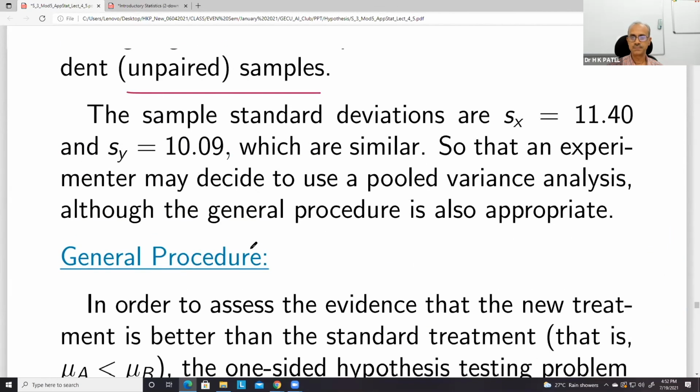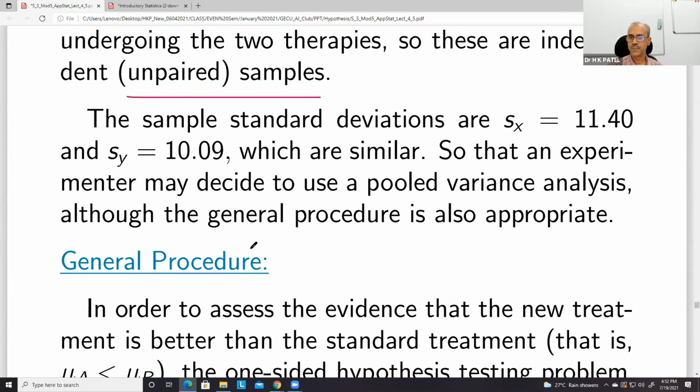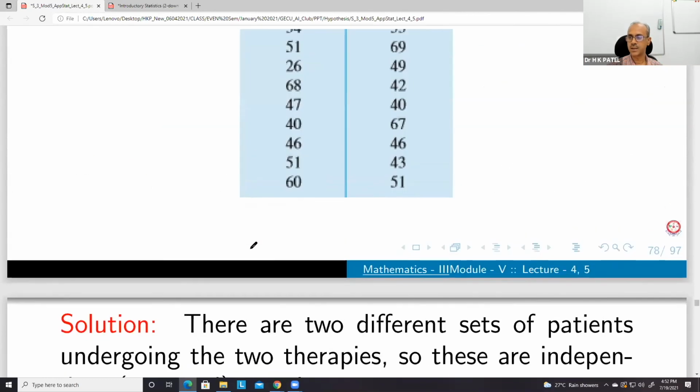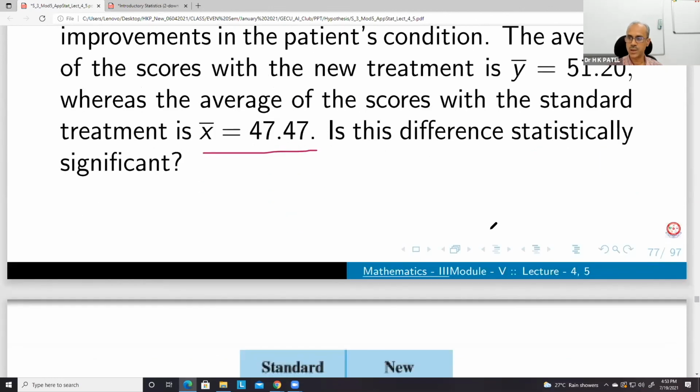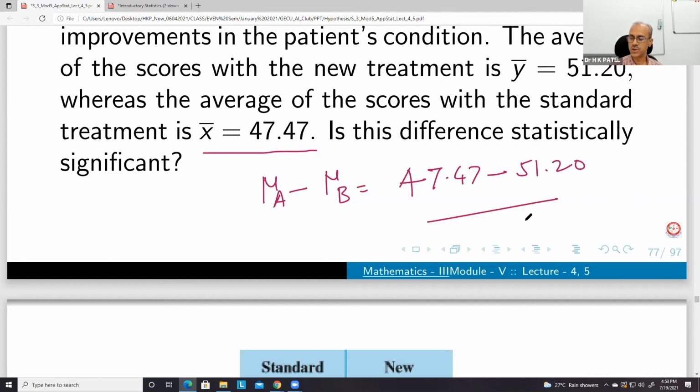Here X is say A. So mu A minus mu B will be 47.47 minus 51.20, so it is almost minus 3.